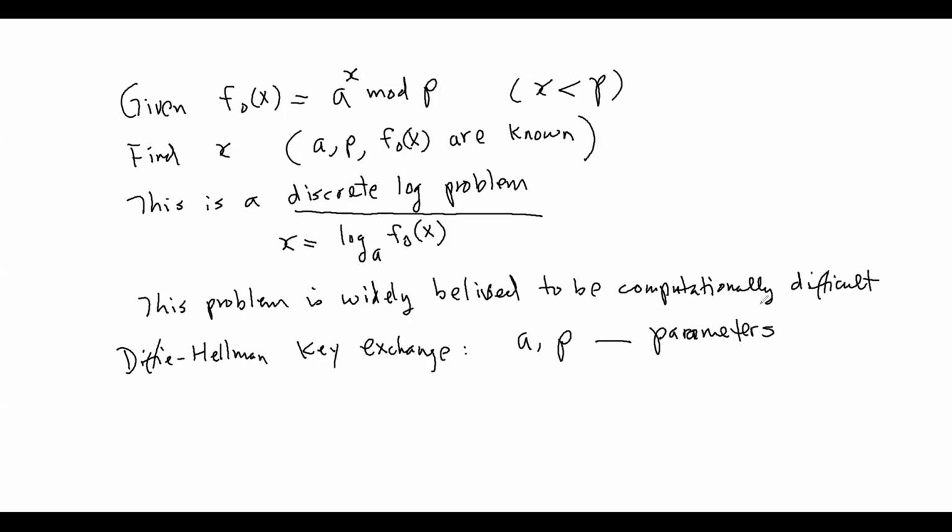When Alice wants to create a secret key Ka, what Alice does is generate Xa less than P at random. And this is private. So Bob does the same. He picks Xb less than P at random.